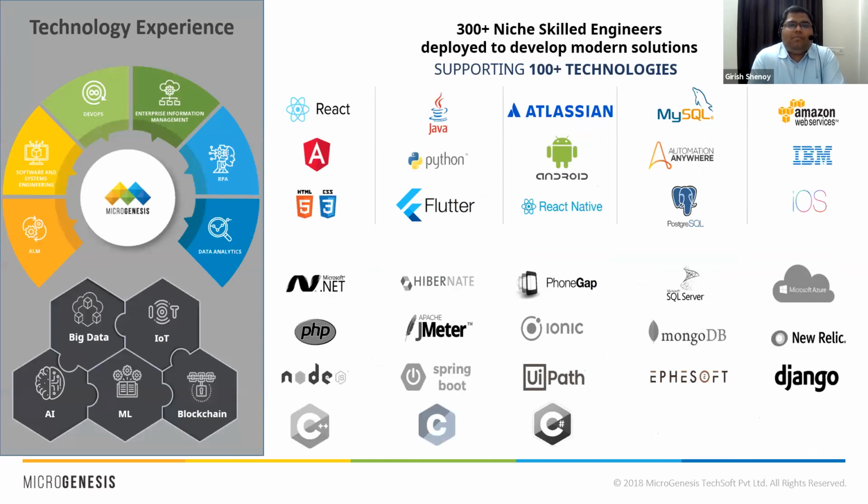We have over 300 plus niche skilled engineers deployed to develop modern solutions, supporting over 100 plus technologies. A few of them are Atlassian, IBM, AWS, Amazon, MySQL, Automation Anywhere, Microsoft Platform, New Relic, JMeter, PHP. All these are very few of the areas or technologies that we have been working hands-on.